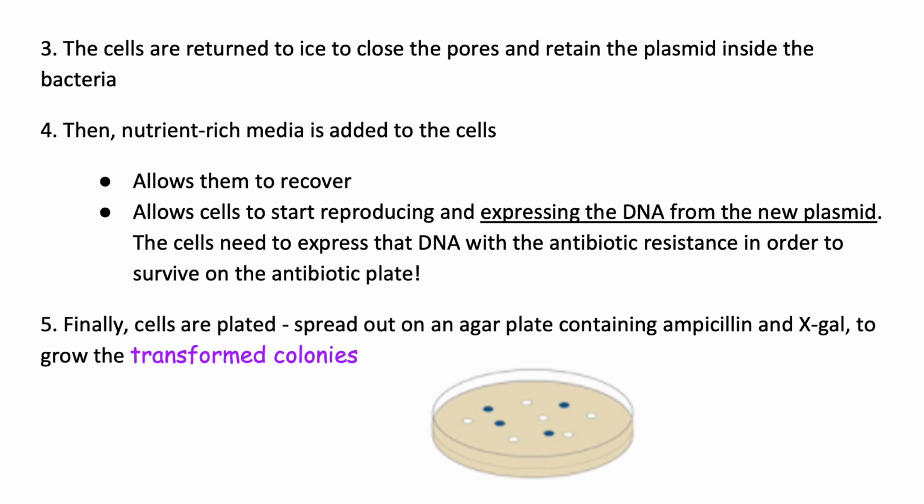So in order to survive on the antibiotic plate, it needs a chance to start growing and expressing that DNA. And then finally, the cells are plated or spread out on the agar plate containing the ampicillin, which is the antibiotic, and the XGAL, the color for the blue-white selection. It's spread out on that plate to grow the transformed colonies.